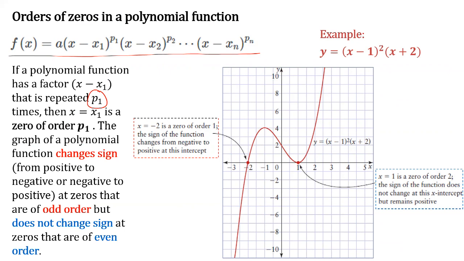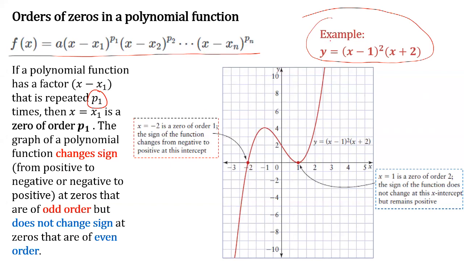The graph of a polynomial function changes sign from positive to negative or from negative to positive at zeros that are of odd order, but does not change sign at zeros that are of even order. What does this statement mean here?